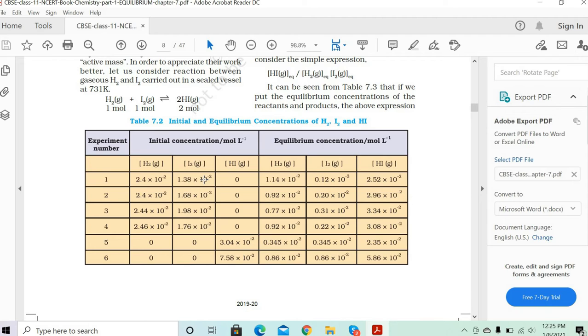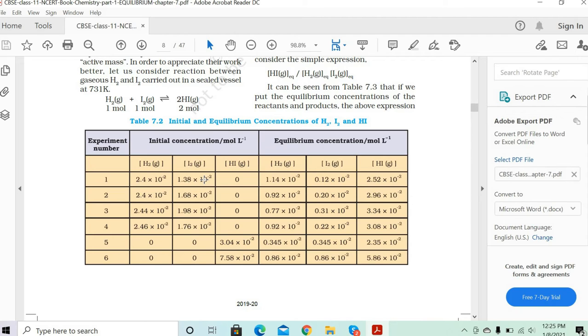Experimentally, from row 1 to row 4, we kept changing the initial concentration of hydrogen and iodine. After reaching equilibrium, we found that the concentration of HI increased from 0 to certain values: 2.9, 2.52, 2.96, 3.34, 3.08.